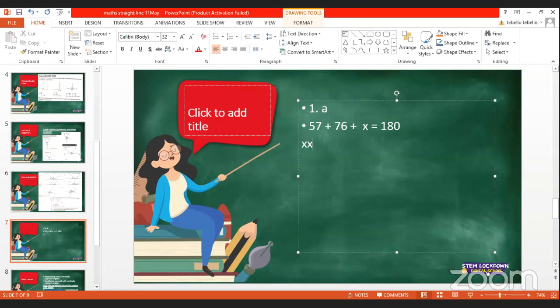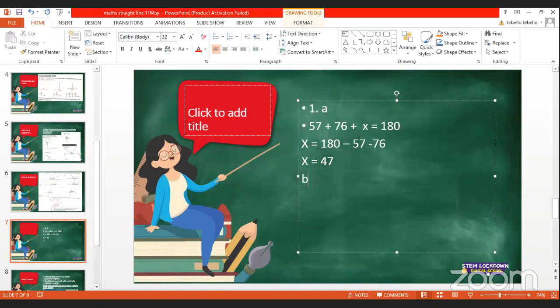We'll have X equals 180 degrees minus 57 degrees minus 76 degrees, and our X will be 47 degrees.